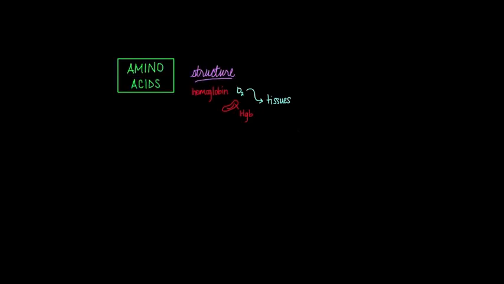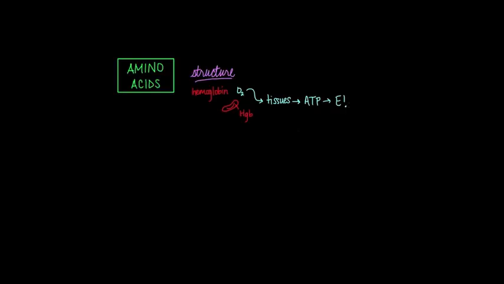Hemoglobin goes by the lungs, picks up oxygen, delivers it to the tissues, and tissues are just groups of cells that are of a similar type. Each of the cells in these tissues then takes the oxygen and uses it to generate adenosine triphosphate, or ATP, which is the energy source for all of the various metabolic processes that go on within our cells to help keep us alive.